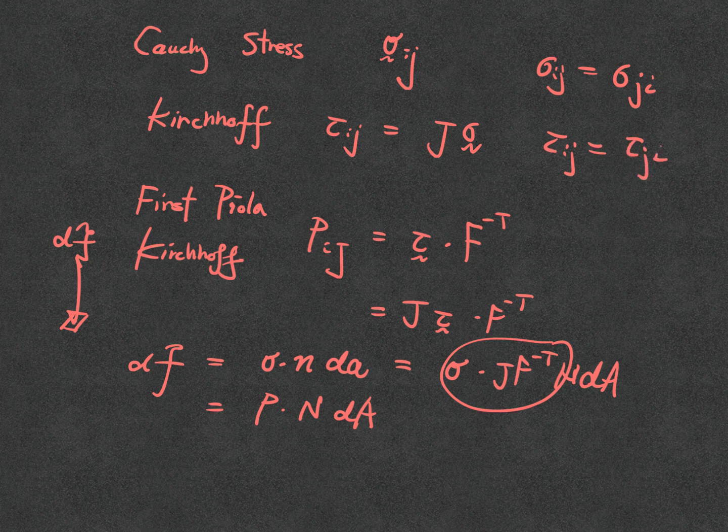Okay, how about P? Is it symmetric? It's not symmetric because F itself is not symmetric. Okay. However, it has a very nice property. P is the energy conjugate of the deformation gradient, while the other stress, the Cauchy stress, does not directly correspond to the deformation gradient. Okay.